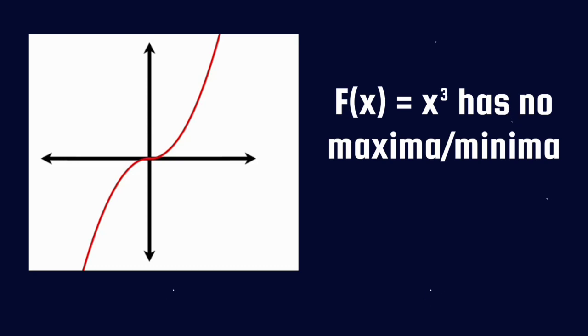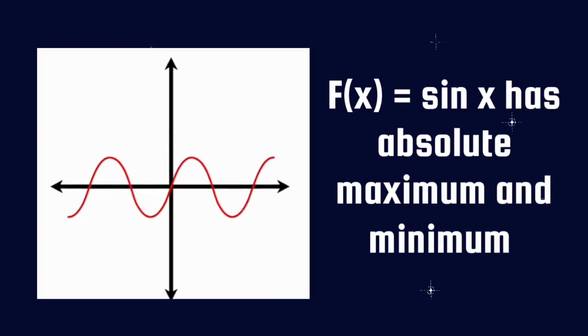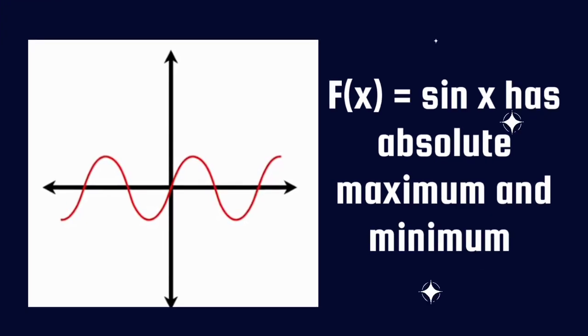There are also some functions that have absolute maximum and minimum values. That is, they do not exceed that value. An example of such a function is a sine curve or sine wave.